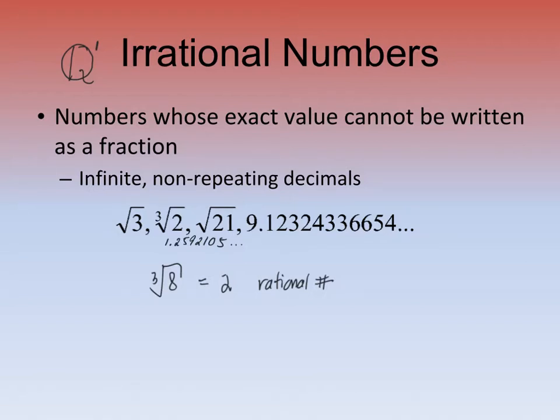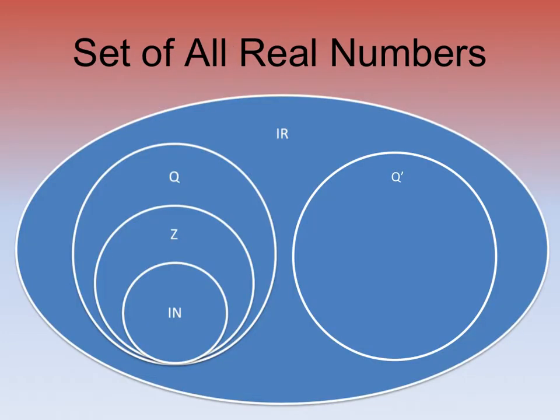Then we have the set of all real numbers. Don't worry, I'll go back. The set of all real numbers is represented with what's kind of like an IR, connected. It's actually not IR, it's hard to just draw that symbol.